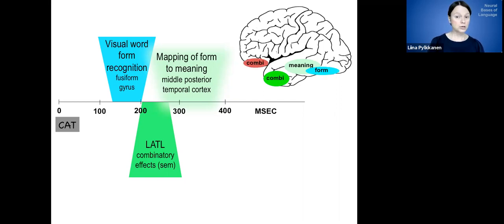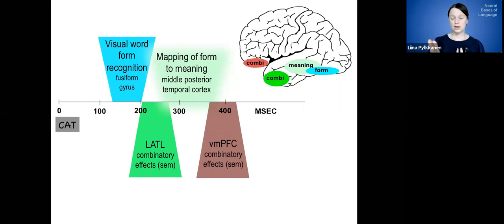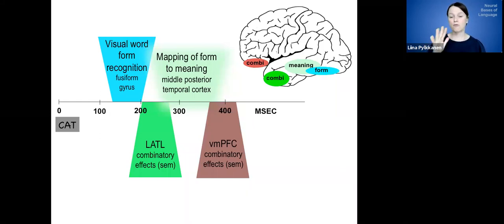We also learned that a little bit later, there's a prefrontal hub that also shows semantic combinatory effects. So in comprehension, in particular in the written modality, around 400 milliseconds, the ventromedial prefrontal cortex also shows an increased signal when you're composing structure. And so that leaves syntactic composition, the creation of those more complex phrase markers, a little bit mysterious.